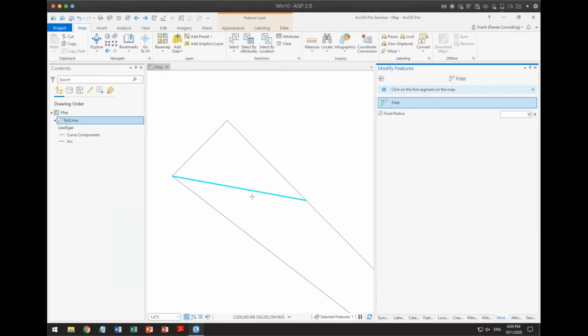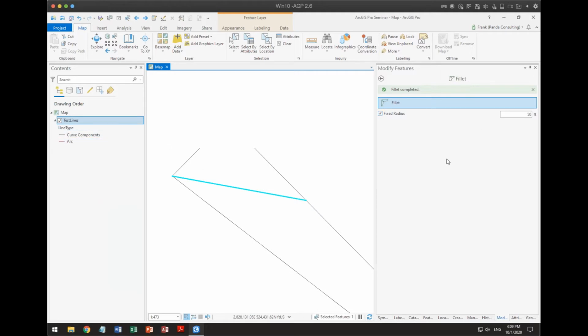So if this is a tangent line coming in, and this is a tangent line coming out, this would then be the point of intersection of that curve. So now I can use the fillet to say, go here to here, and there is how my curve would fit if the intersection of those two lines is the point of intersection, and I can click here and it would trim them up.